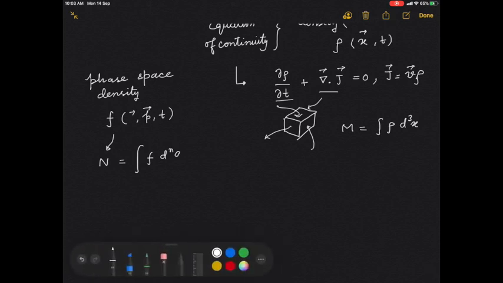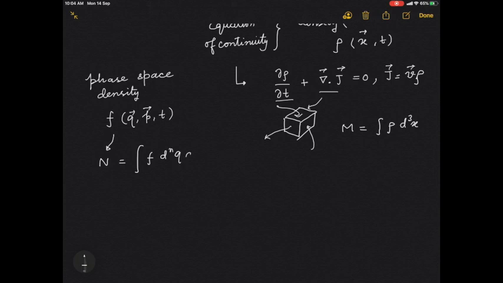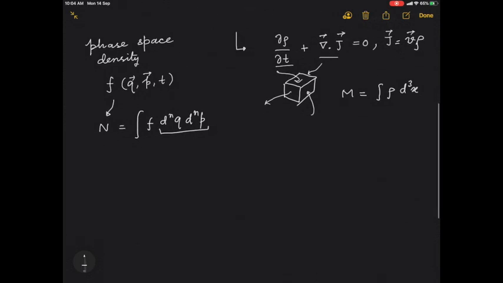Let me write this as q, because that is what we use for the coordinates with canonical variables. This may not just be dq1 into dq2 etc.; it should have the proper Jacobian etc. But that is my definition of phase space density.